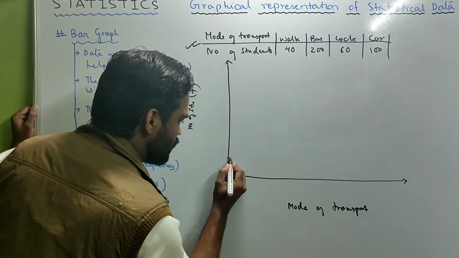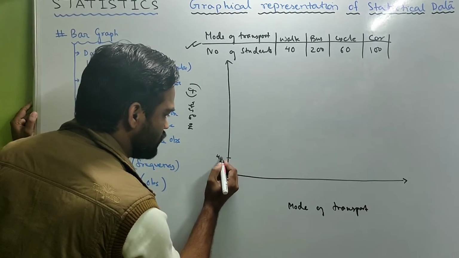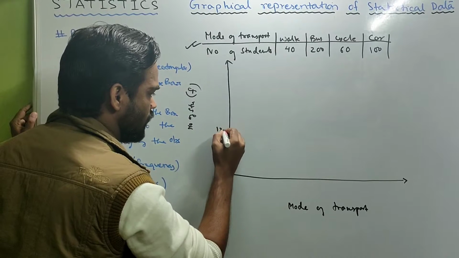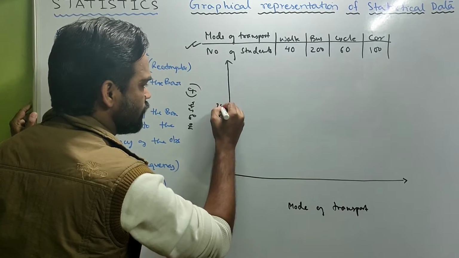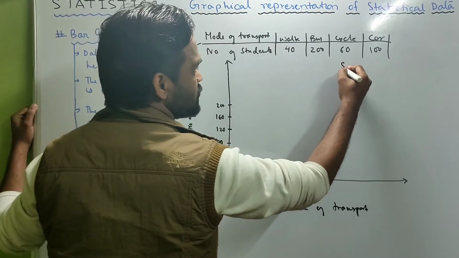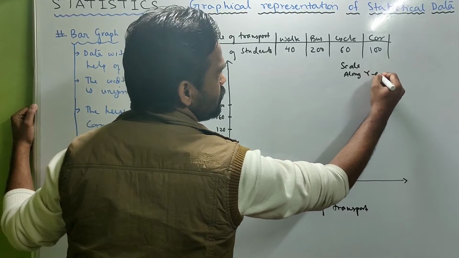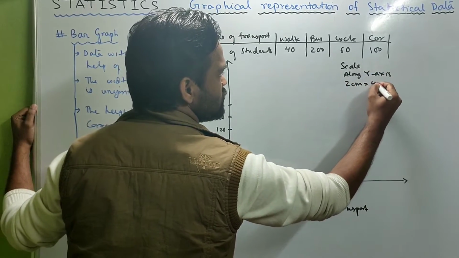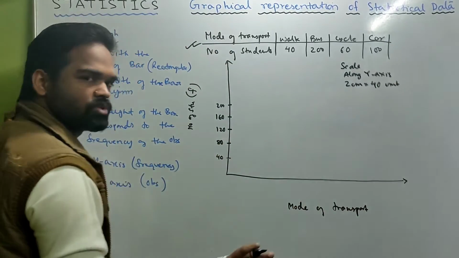So I'm taking suppose 2 centimeter as 40 units. So 40, 80, 120, 160, 200. Scale is very important. Along the y-axis I've taken 2 centimeter as 40 units. Along the x-axis there is no scale.